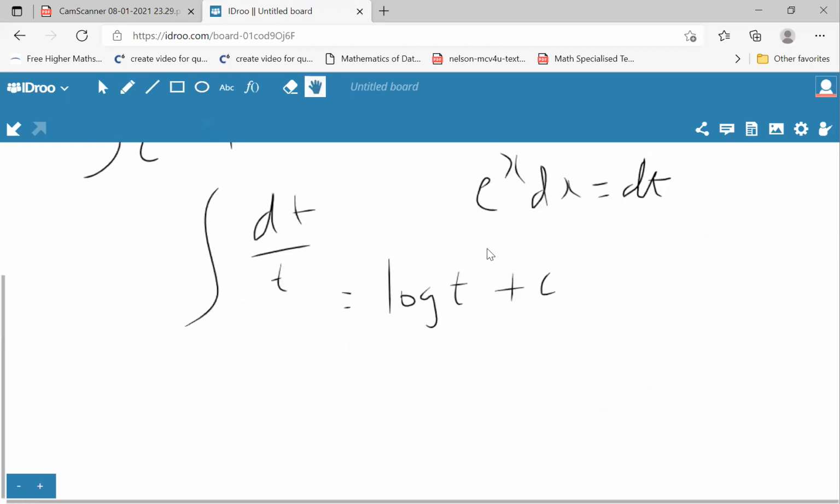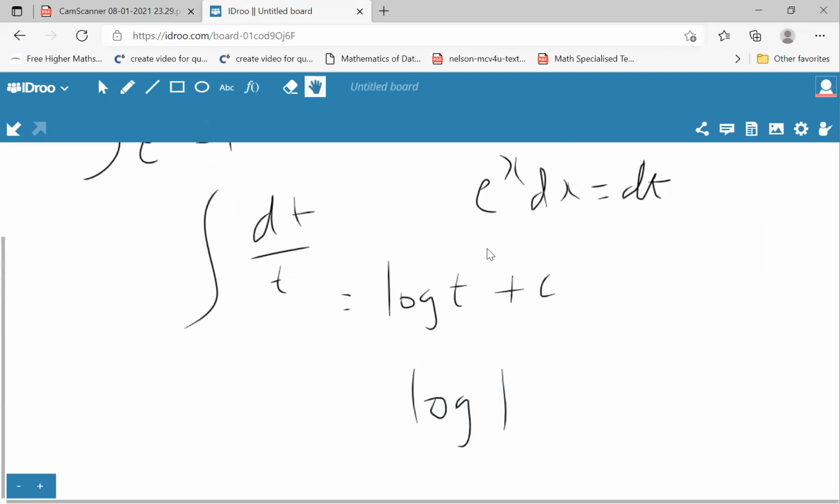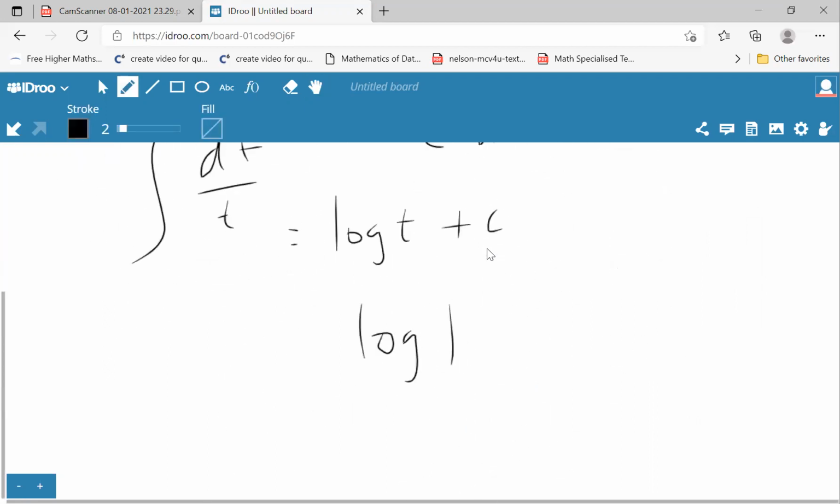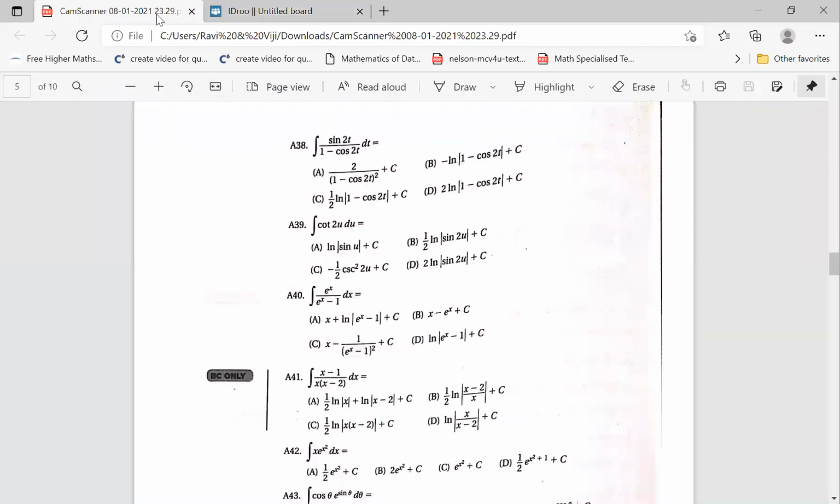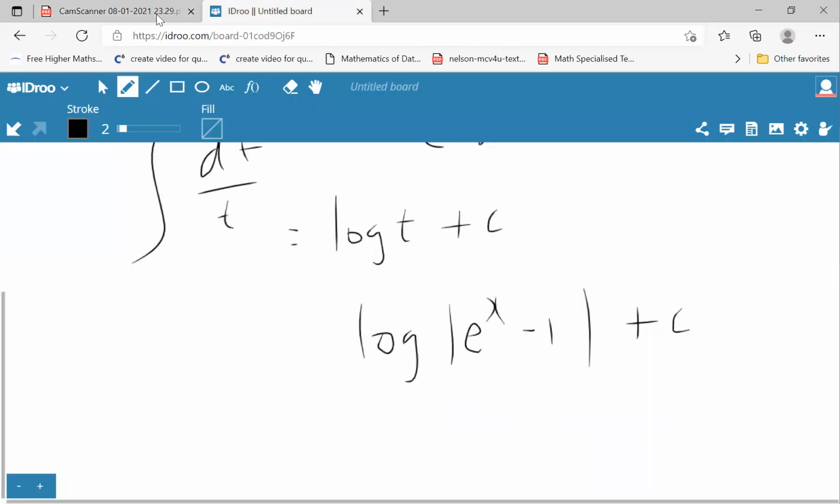Substituting back for t, you get log of e to the power of x minus 1 plus c. Let's see which option is correct. So option C is the correct answer.